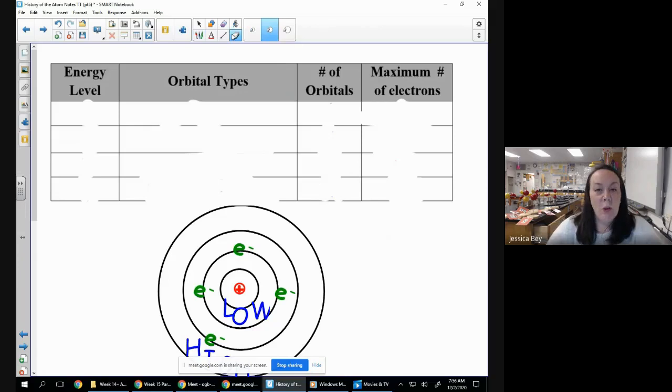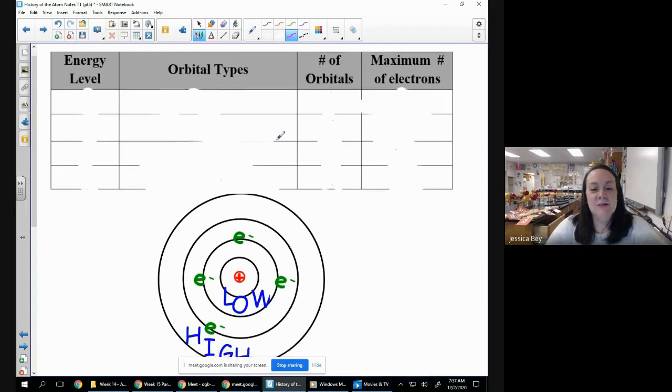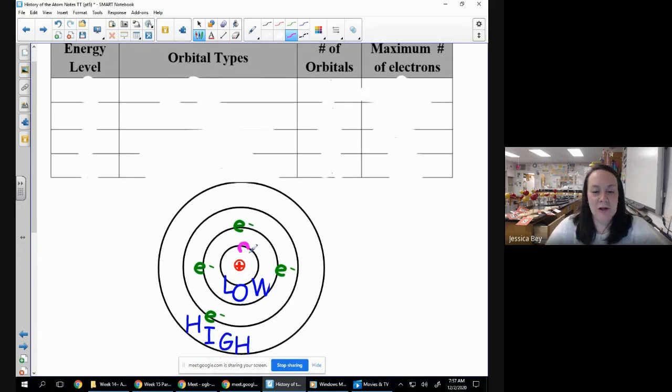So what they know about electron motion right now around the nucleus is that there are different energy levels. So what Bohr thought was an orbit is more of an energy level. So if I could look into the energy level closest to the nucleus, the area close to the nucleus, we would call that energy level 1.